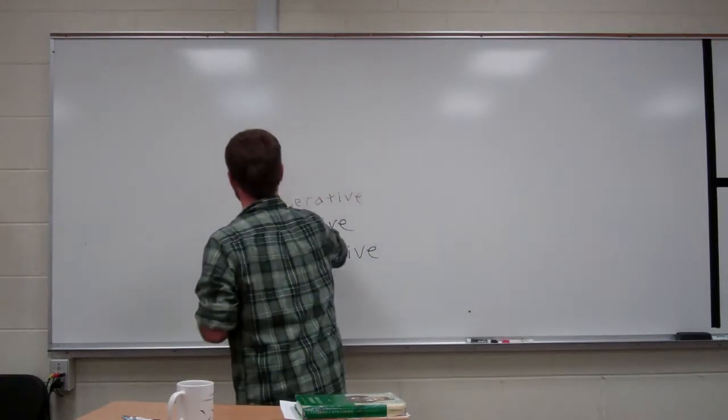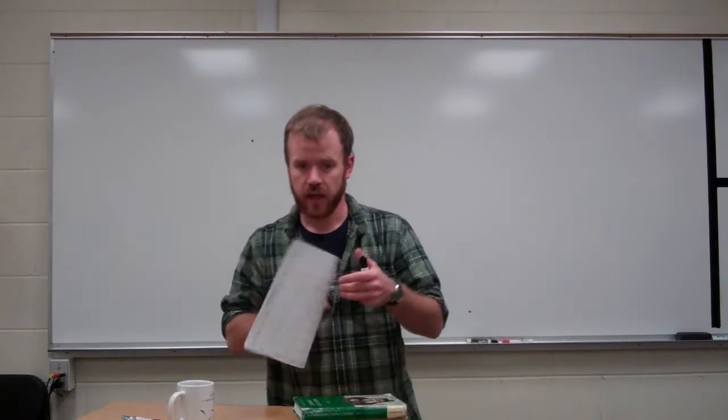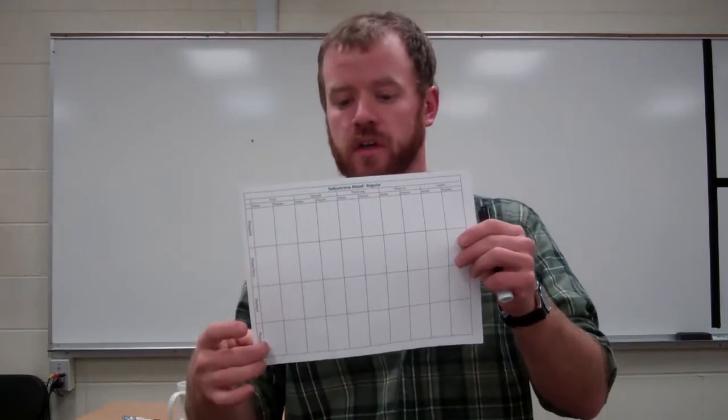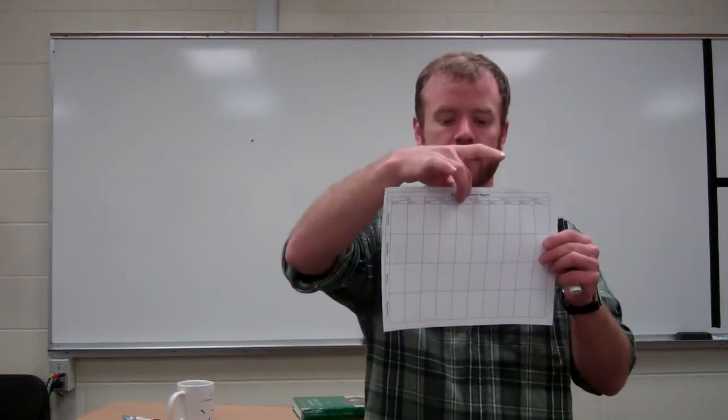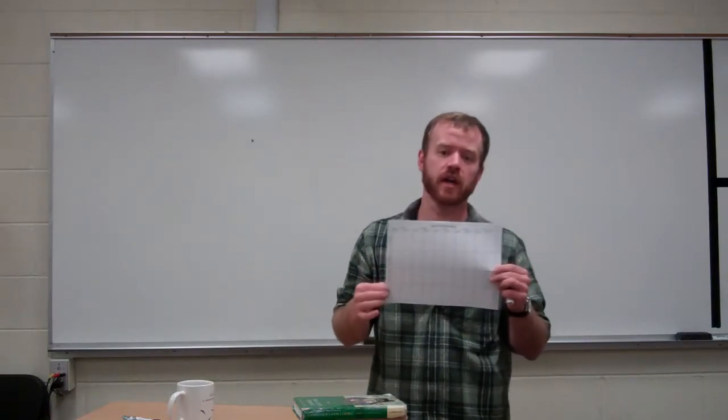So in class, you guys should have received this chart here. It has 4 rows and 10 columns. All right. So there's only 4 tenses in the subjunctive: present, imperfect, perfect, and pluperfect.